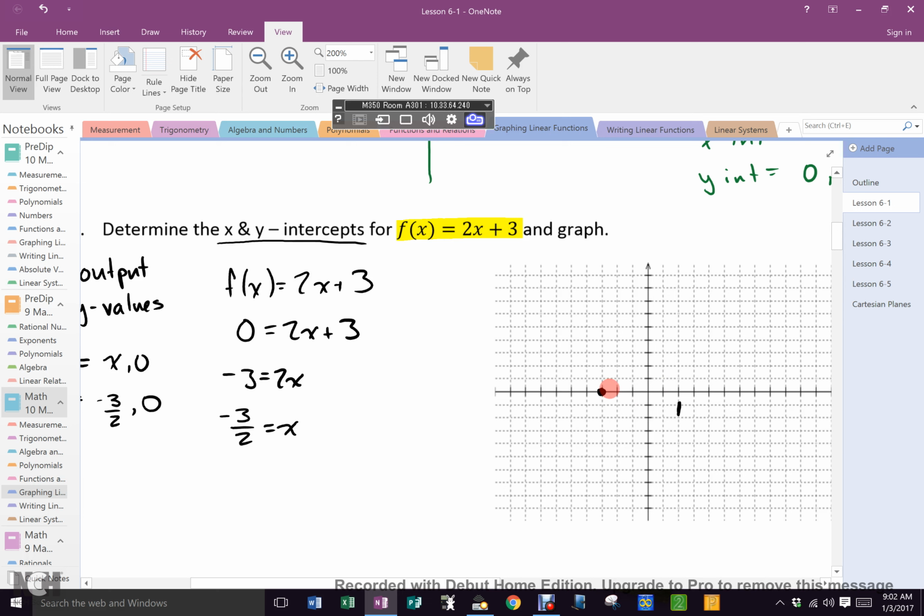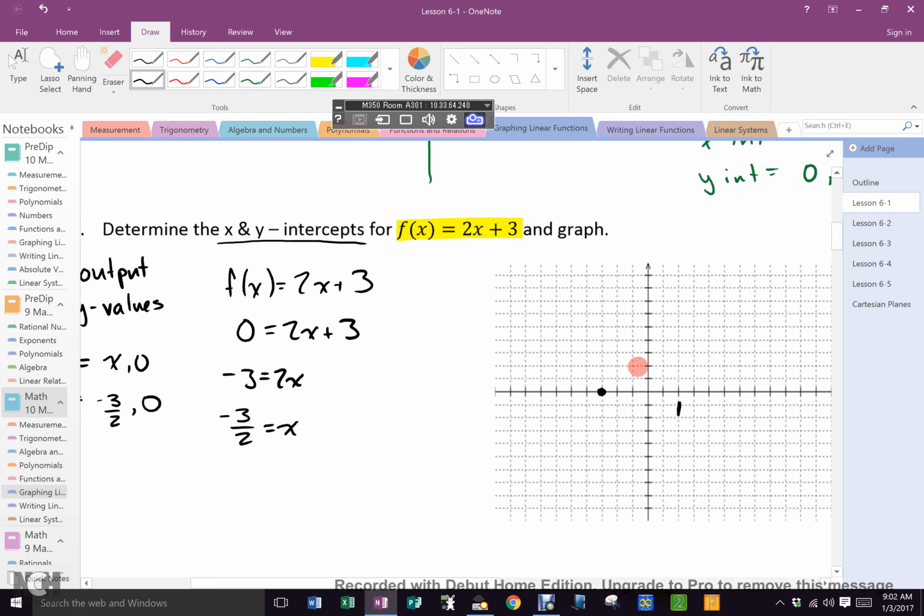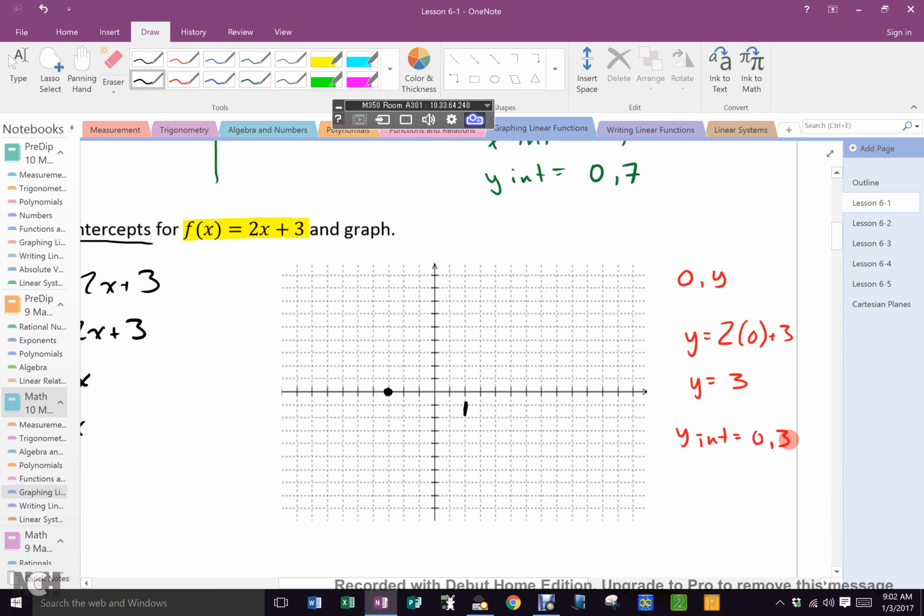Does everybody understand why it's that and not 7 squares over, which would be negative 3.5? You're right if it was 3.5, but this isn't 3.5. This is 3 halves. Everybody good? Each box is 0.5 because I needed halves. Now, if each box is 0.5 on the x-axis, then each box should be 0.5 on the y-axis too, right? And what's my y-intercept? 0, 3.